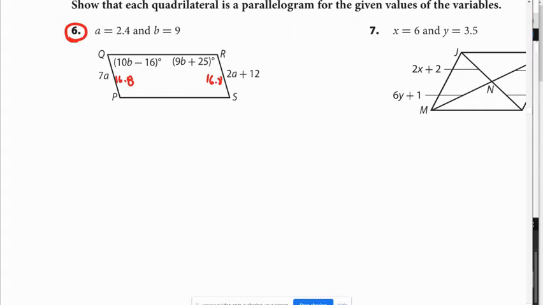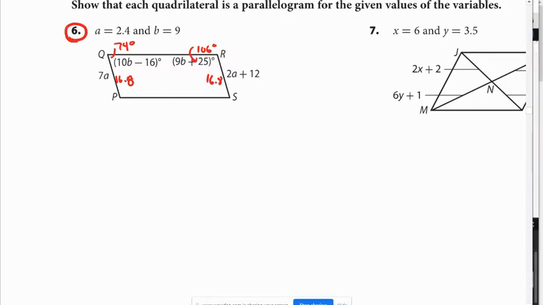So both those sides are congruent. And then this angle Q is 10 times 9, that's 90, minus 16, that's 74 degrees. And angle R is 9 times 9, that's 81, plus 25 is 106.